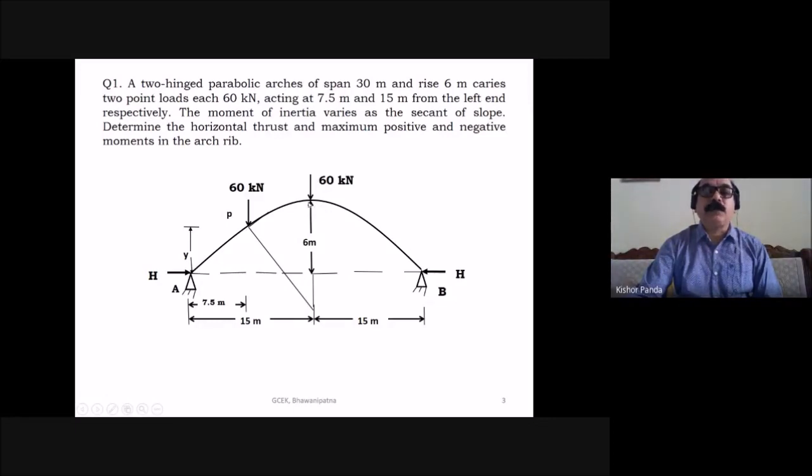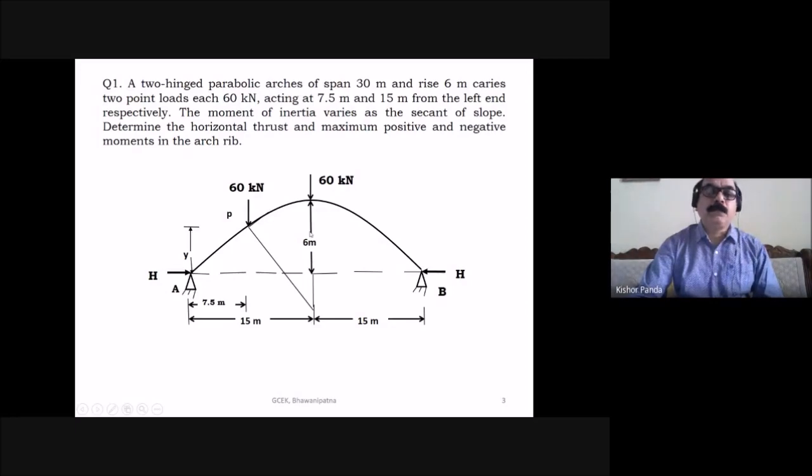So first you take the beam moment. How many forces are here? On this side, one vertical reaction at A, and a downward force of 60 kilonewton. Two vertical forces: one upward and another downward.